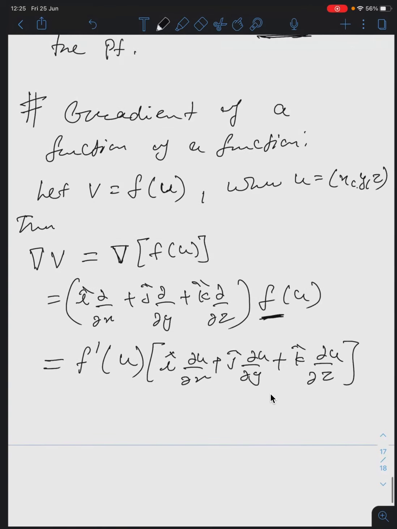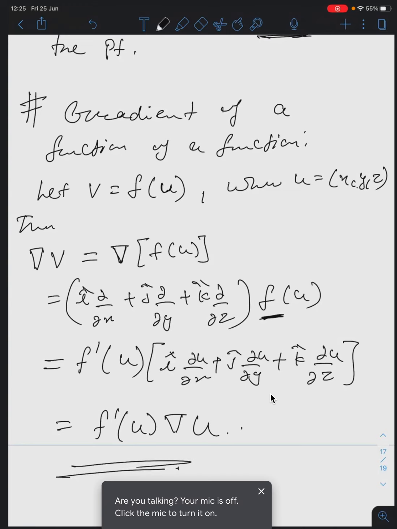So this will be nothing but f dash of u into del u. No need to put a bracket here, del u means that's it. Understood this part? Gradient of a function of a function. Is it clear, all of you? Yes, ma'am.